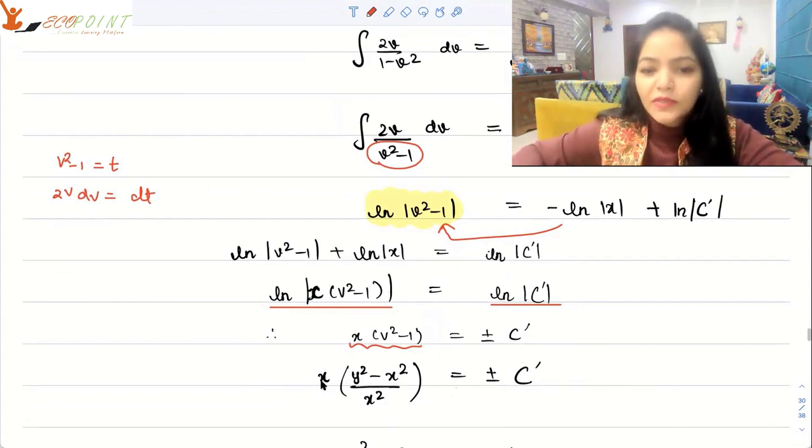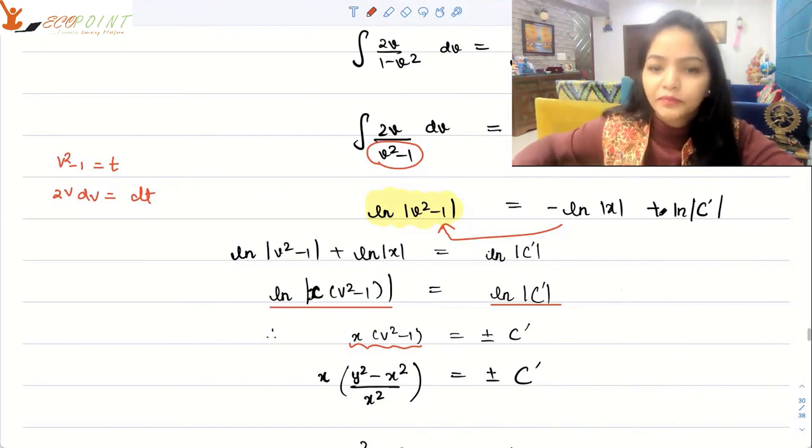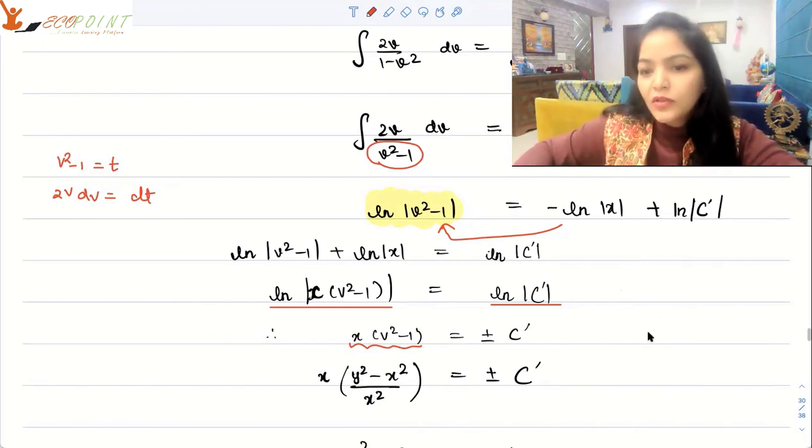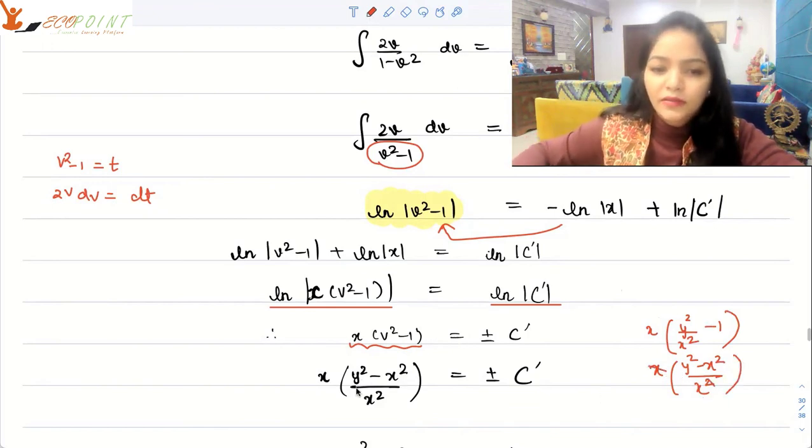So after substitution, what will happen here? You have x and you have y square by x square minus 1. So this will give you x times (y square minus x square) upon x square, so one of the x cancels.